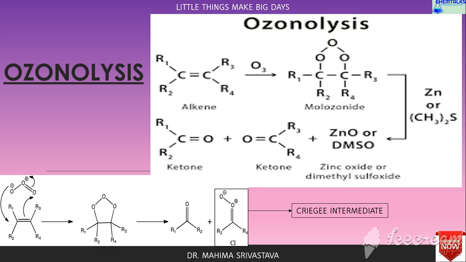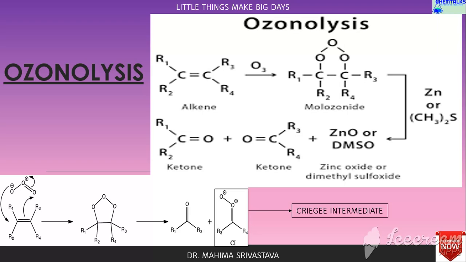Let's see them. First, we will see step 1, which is shown in box 2. The electrophilic addition of ozone to the carbon-carbon bond forms a molozonide intermediate, which is quite unstable. Due to this unstable nature, the molozonide continues reacting, breaking apart to form a carbonyl molecule and a carbonyl oxide molecule, as shown below.